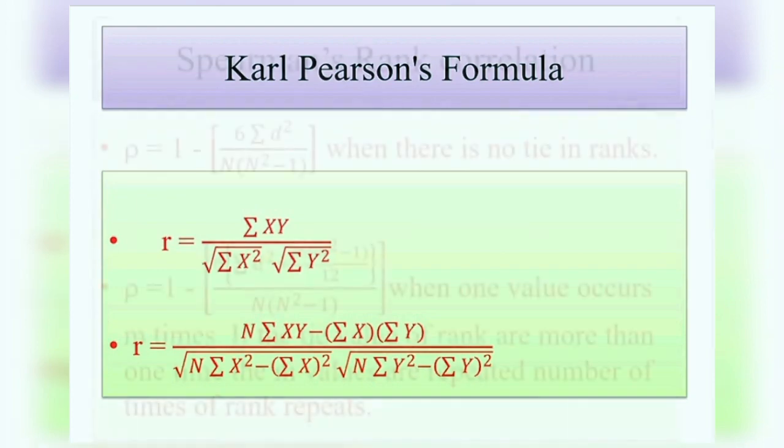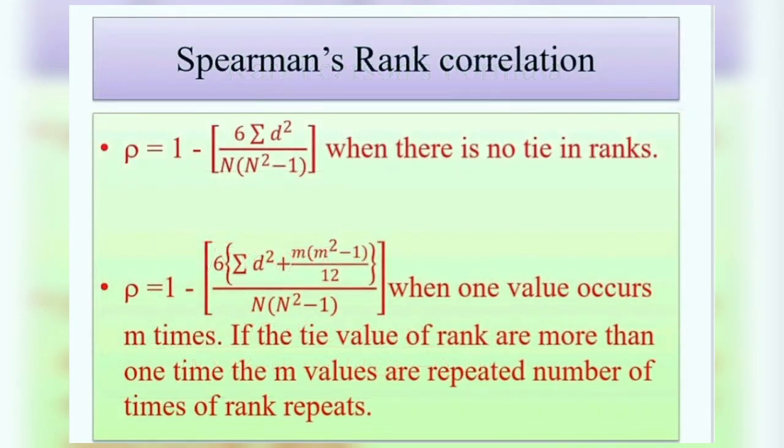The next one, Spearman's rank correlation formula: rho equals 1 minus 6 summation d squared divided by n into n squared minus 1. If the ranks are tied m times, then the formula is rho equals 1 minus 6 times summation d squared plus m into m squared minus 1 divided by 12, all divided by n into n squared minus 1.